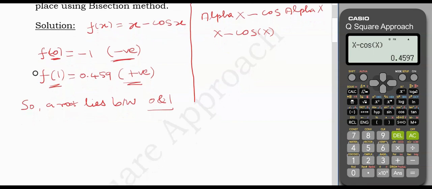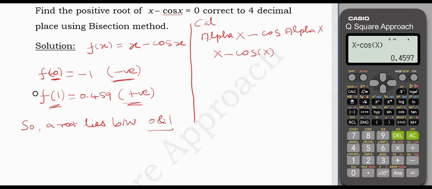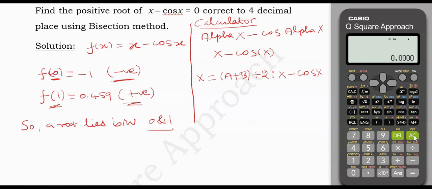Now type like this in the calculator. x equal to a plus b by 2 colon x minus cos x.